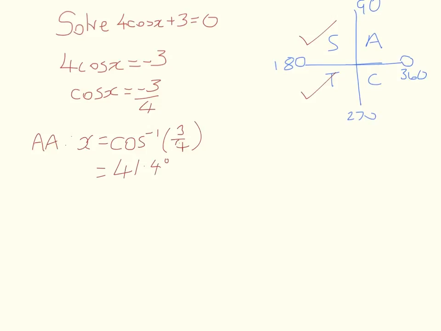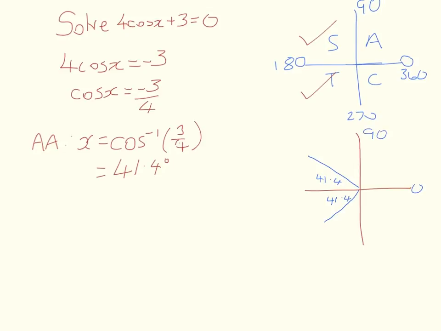41.4 degrees. If we're just to do another sketch of our diagram, we're going to be working in this quadrant and this quadrant, and our angles are always in relation to the horizontal line. It's going to be 41.4 degrees in here, and 41.4 degrees in here.